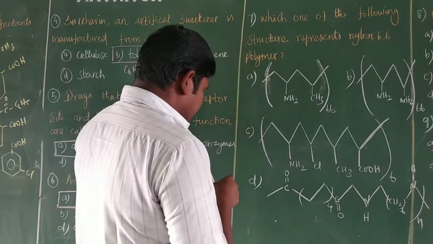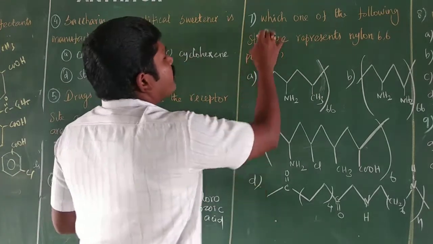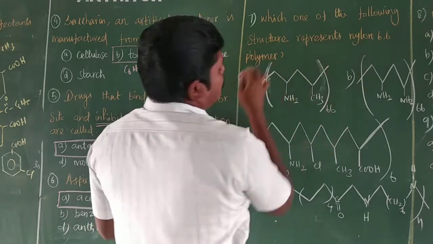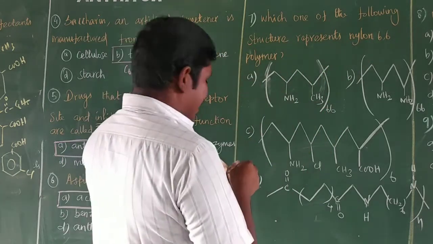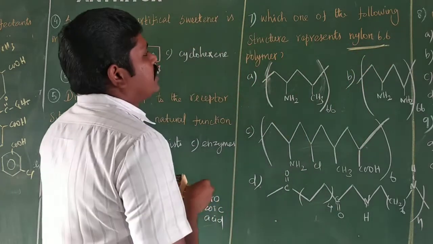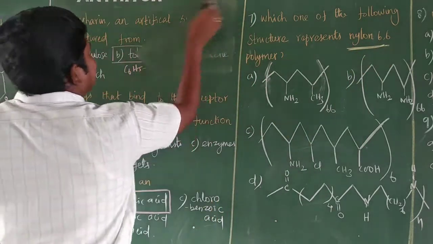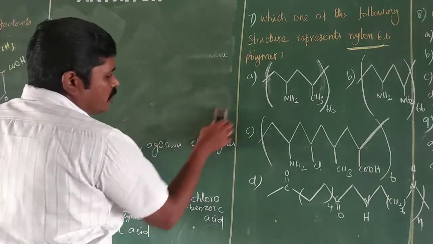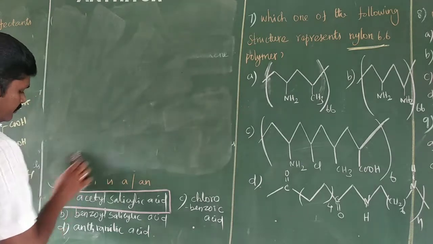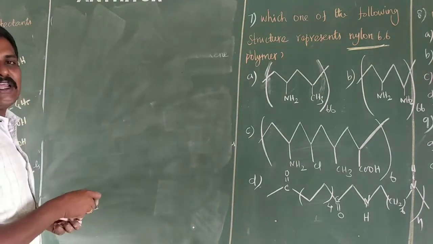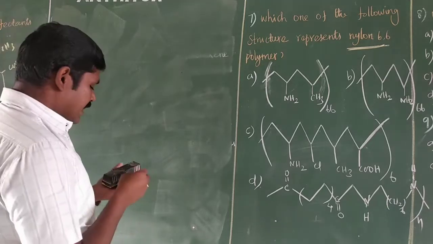Okay, next one is 7. Which one of the following structures represents nylon 6,6 polymer? Nylon 6,6 can be prepared by heating equimolar adipic acid and hexamethylene diamine.